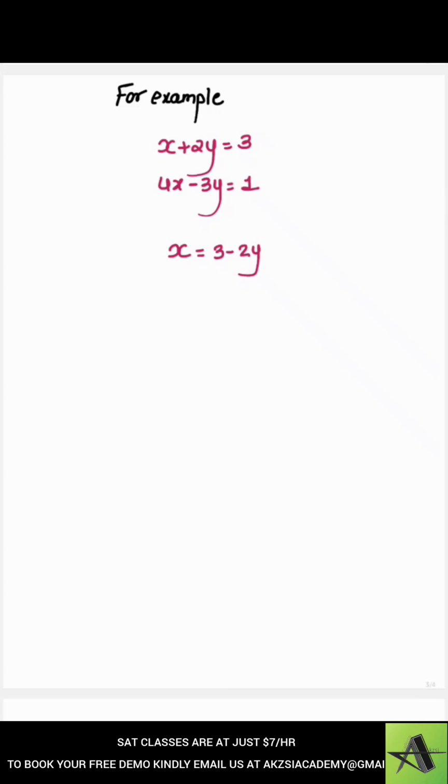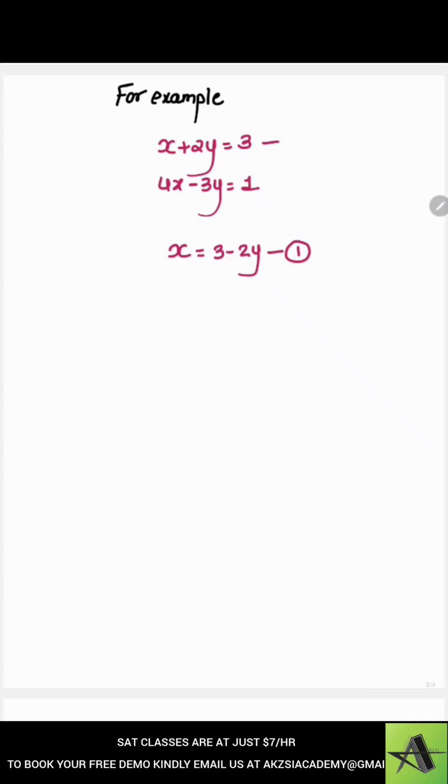Or I can say I have calculated the value of one variable in terms of another variable, because the value of x contains y. That's the meaning of the value of one variable in terms of another variable. The next thing is we need to substitute. We have just rearranged our equation 1, right? So I'm just naming it equation 1 as it is. Now I need to substitute, or plug, this value of x in equation 2.